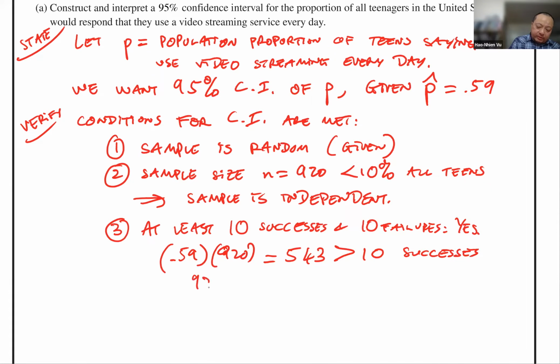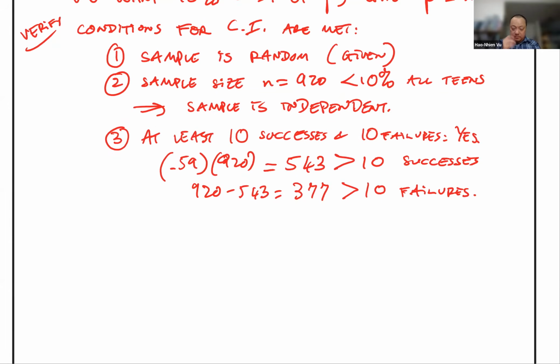And then the rest of them, 920 minus 543, is 377, and that's greater than 10 failures. Alternatively, you could also do n times p times 1 minus p is greater than 10, and check that. You calculate it out, it should be 222.548. That is greater than 10. So whichever way you are taught, just do that.